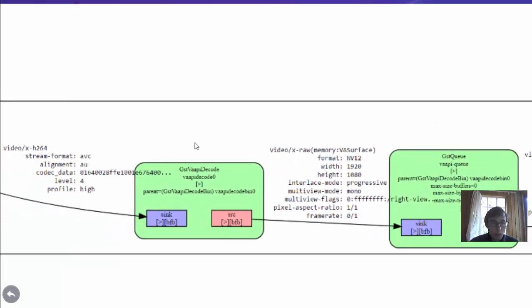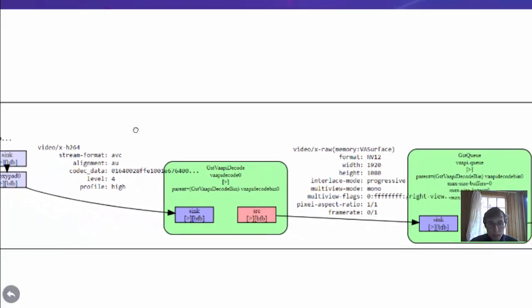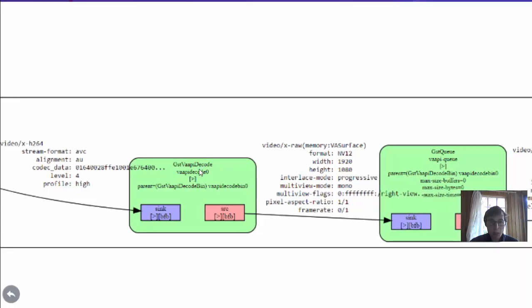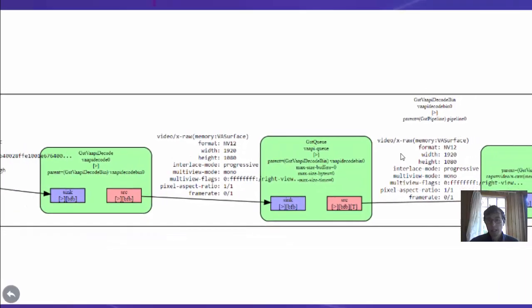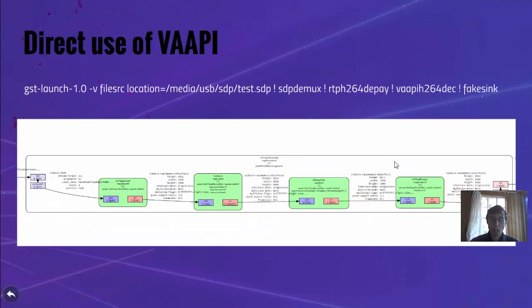This is the VAAPI decode that was used in the GPU unit of Apollo Lake, through the drivers, and those graphs help you see all the pipelines, the decoding pipelines for example.